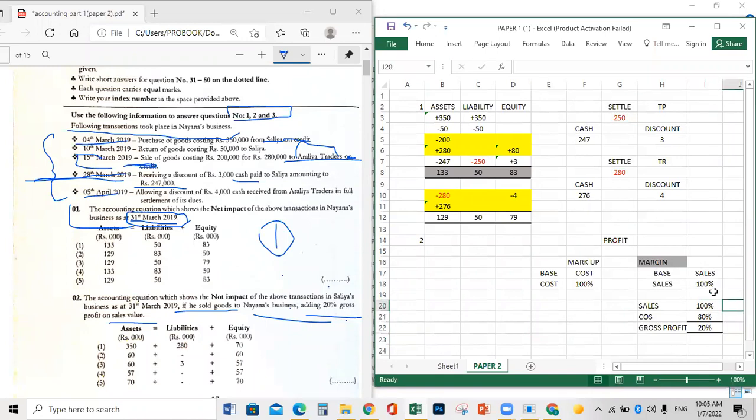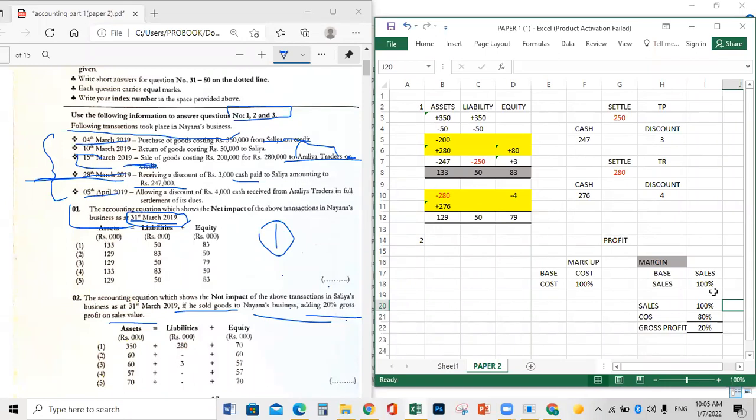Guys, identifying percentages in accounting is very important. Not only markup and margin, if you go to EPF, ETF, there are many places. Even in cash discount, you need to know how to determine percentages. That's important. Actually, that is easy also.